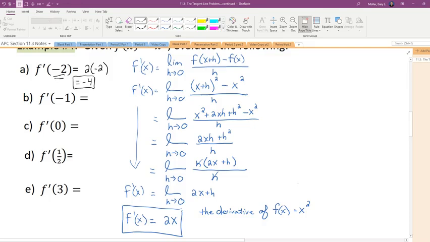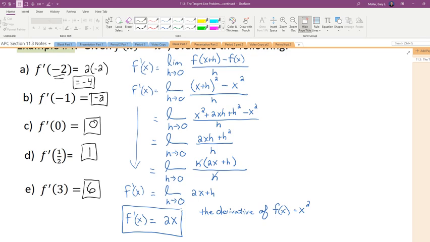Then I can take the derivative at -1, and I get -2. At 0, we get 0. At a half, we get 1. At 3, we get 6. And if you compare those to the ones we did back in video number 1, where we found, I think, 4 of those 5, you'll see that they all match.